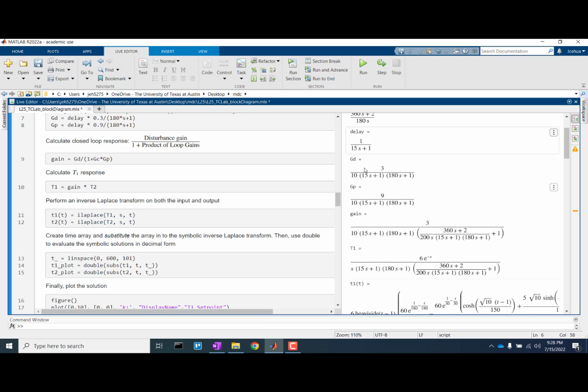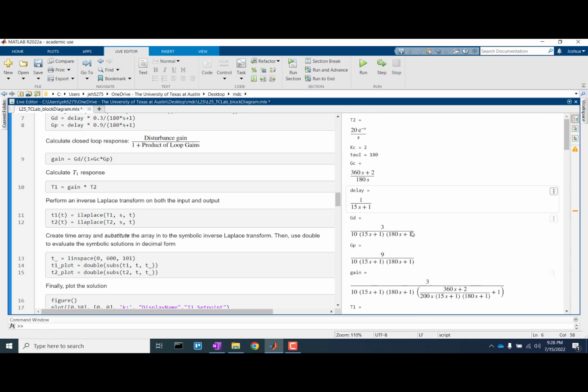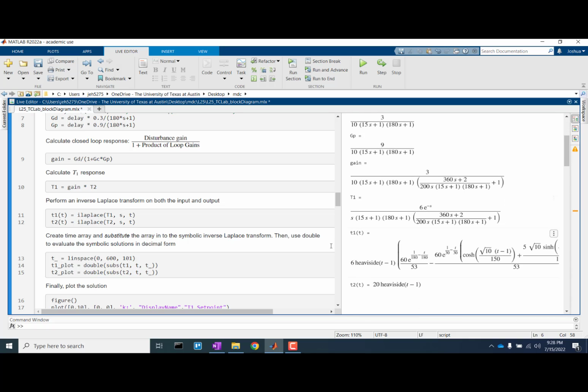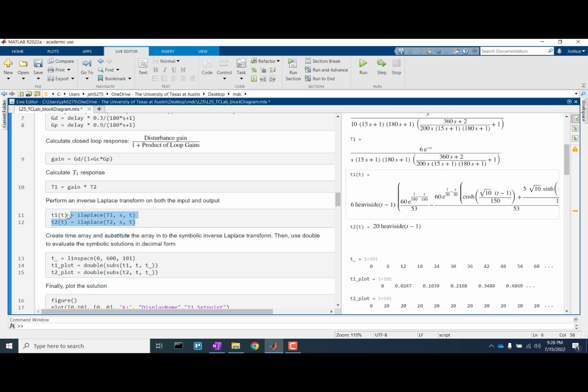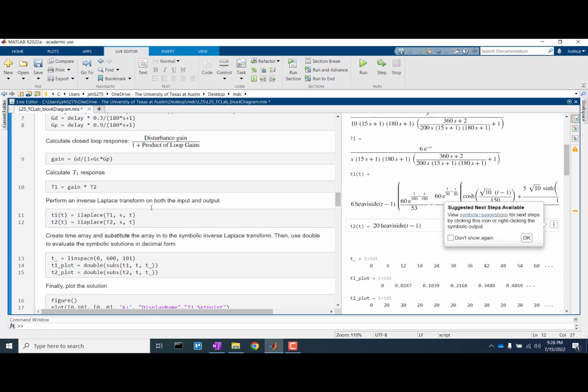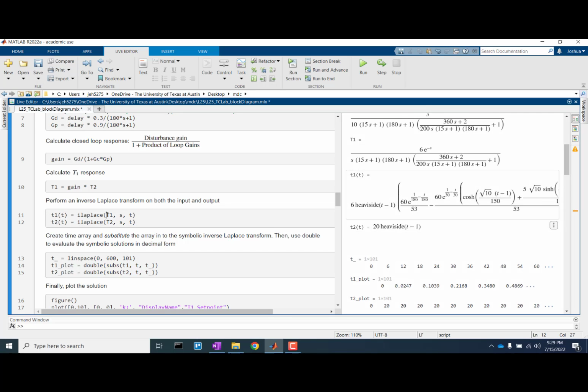You'll notice on the right-hand side, we have each of these actually calculated in symbolic math rather than numerically. So we keep on going. Once we get to these, we're going to do an inverse Laplace with the ilaplace function, where we take the equation, T1 for example, and we replace s from the Laplace domain with t in the time domain. And we do the same thing for T2.